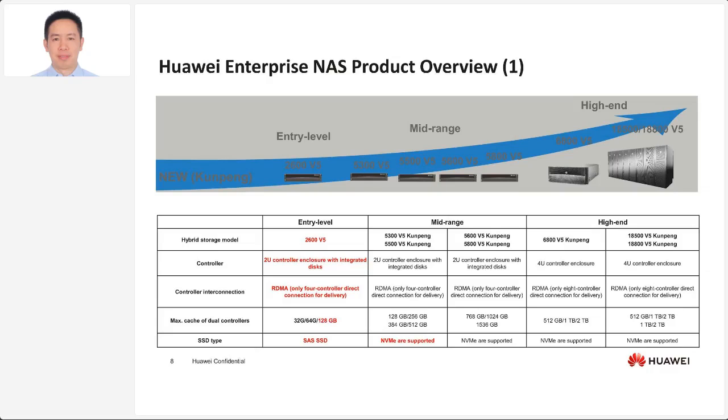And the cache from entry level could be up to 128 gigabytes, and for the high end, it could be up to 1 TB for the cache. So that's what we guarantee, the performance on the different business scenarios when you choose different models to meet the requirements.